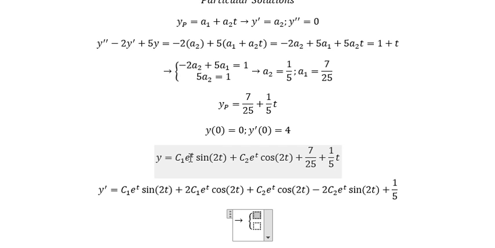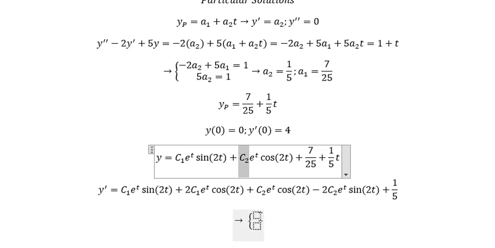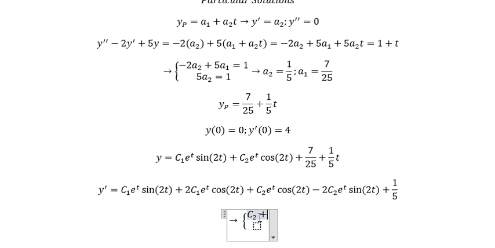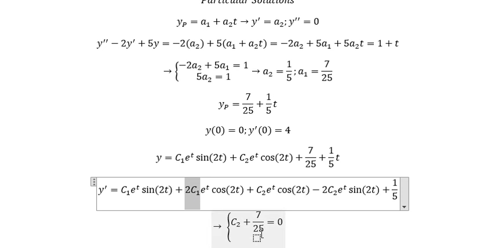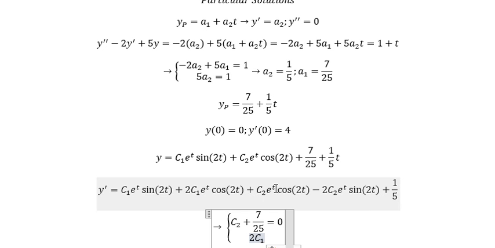So, we put number 0, 0, this one you go 0, 0, 0, you got about 1. So, you got about C2 plus 7 over 25 equal to number 0. Now, we put number 0, 0. This one go to 0, so you got about 0, 0, 0 in here. This one you got about 1, so we got about 2C1. We put 0, 0 in here, you got about C2.